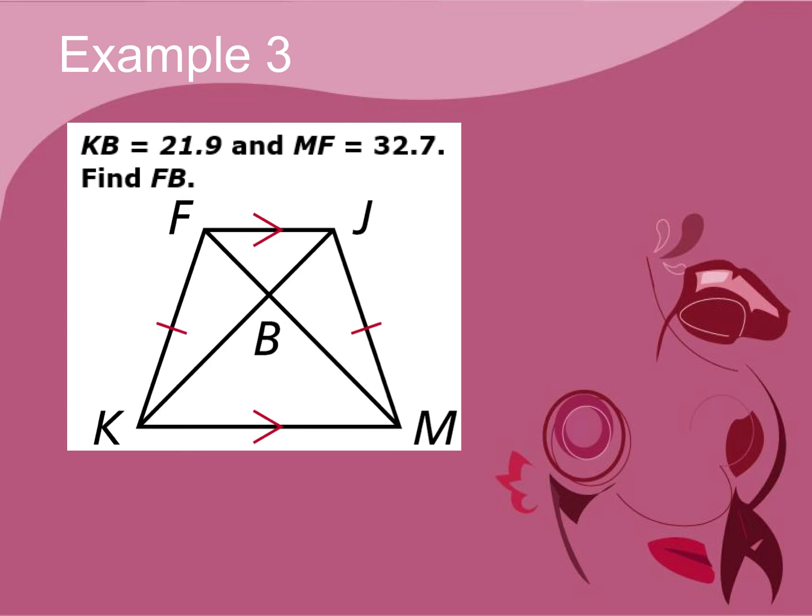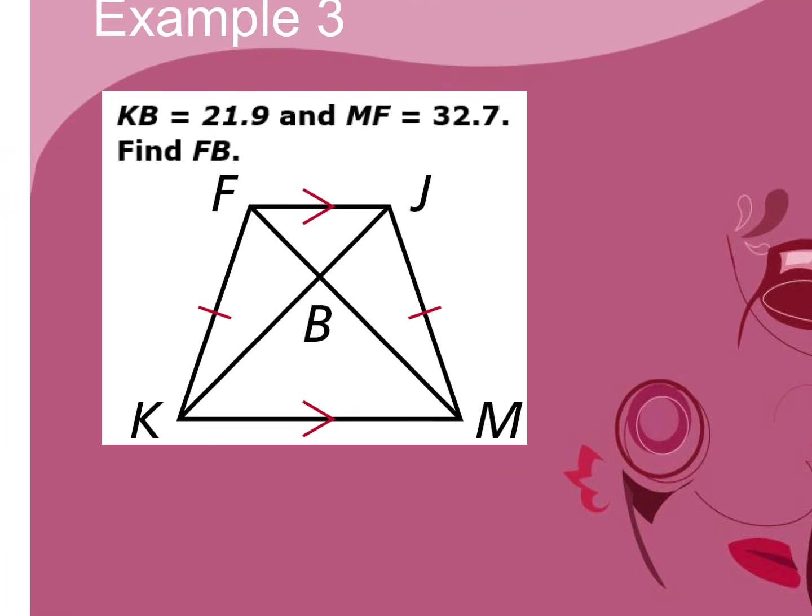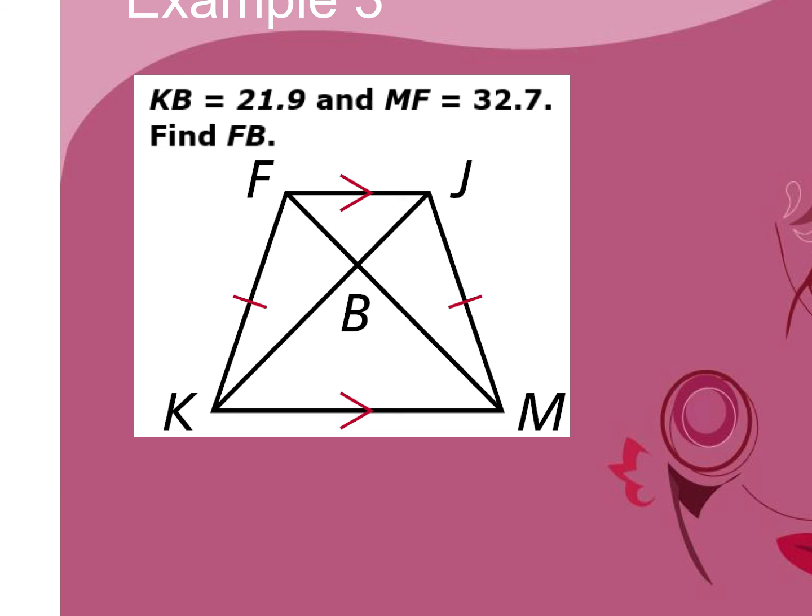All right, next example. Again, another isosceles trapezoid. I know that I just learned a theorem that stated that the diagonals of an isosceles trapezoid are congruent. So I know that KJ is congruent to MF. So let me go ahead and label my picture with what's given. I am given that KB is 21.9.